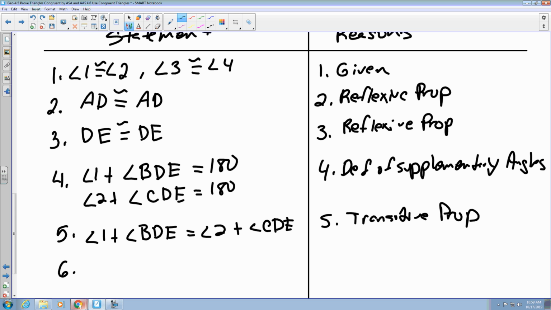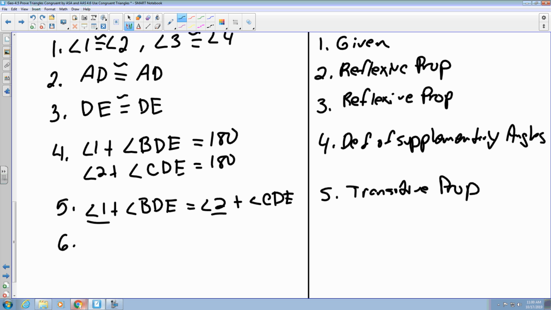Step 6, all I'm going to do is substitute these two because I know that angle 1 and angle 2 are equal to each other, so it doesn't matter which one you choose. I'm just going to choose to substitute both of them as angle 1. And I'm going to say angle 1 plus angle BDE is equal to angle 1 plus angle CDE.